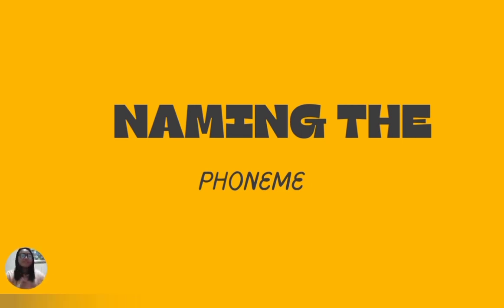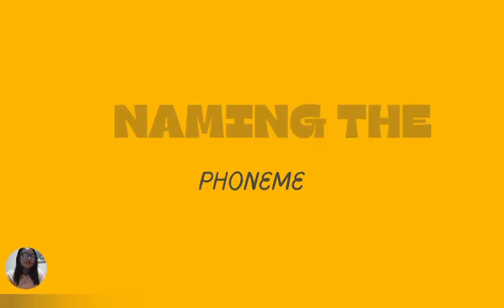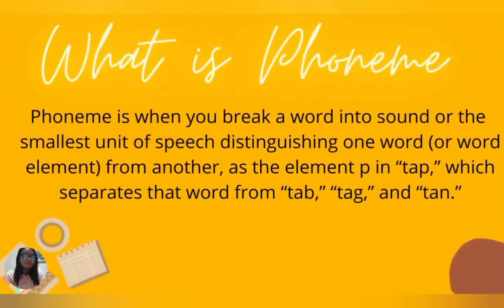It is the material for naming the phoneme. What is a phoneme? A phoneme is when you break a word into sounds, the smallest unit of speech that distinguishes one word or word element from another, as the element P in tap, which separates that word from tag and ten.